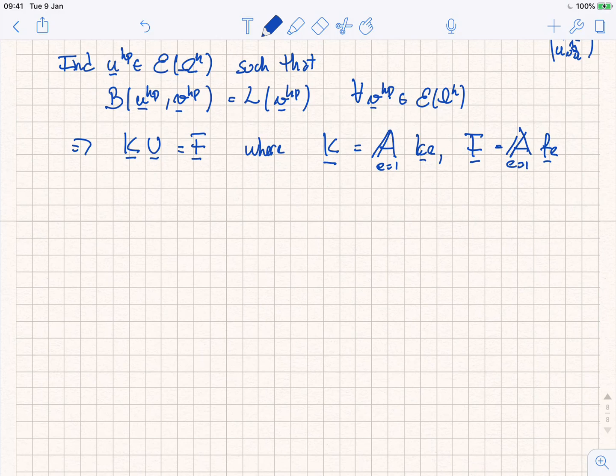And if you remember, these local stiffness matrices were written as integrals over the respective finite elements, B transposed D B d omega. So B was the strain displacement matrix, D was our constitutive matrix, and then the force vector had the contribution of two parts, one due to body forces.